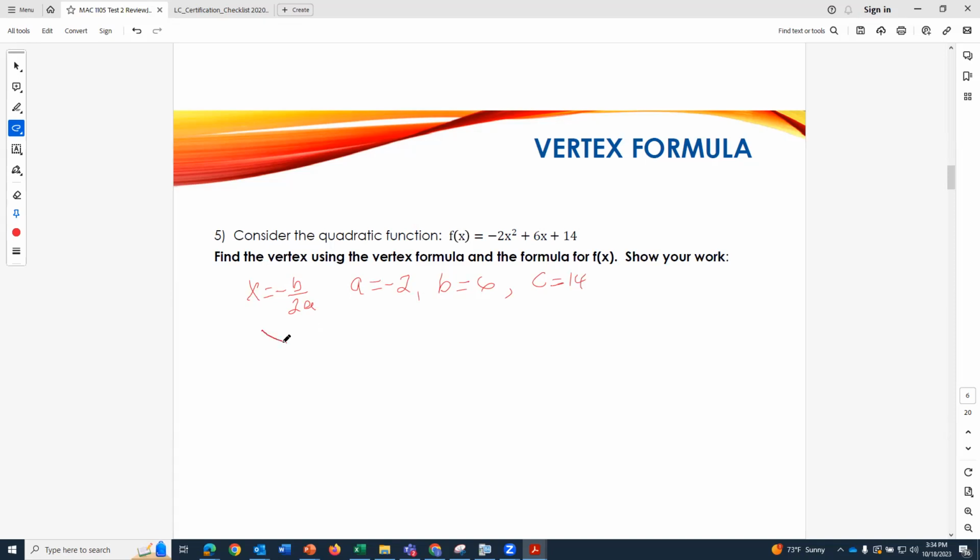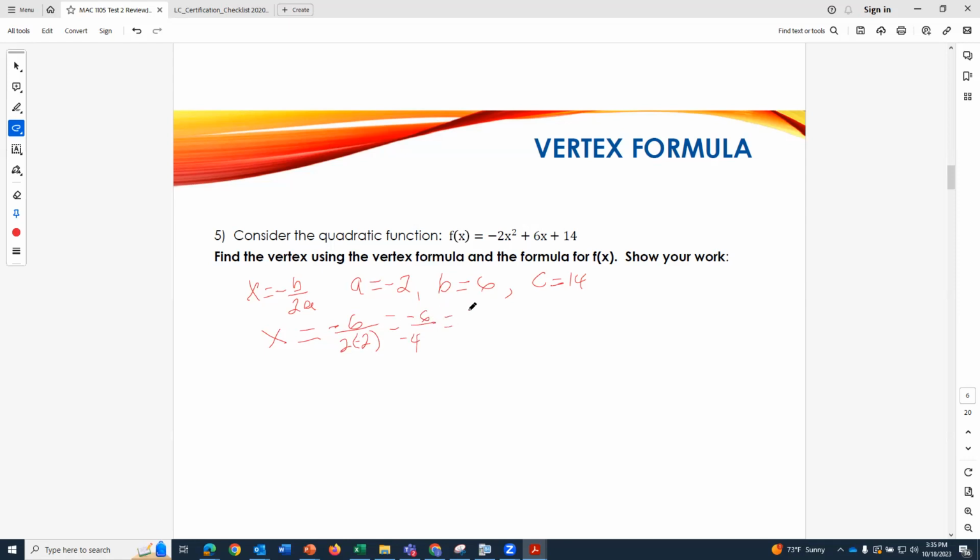And my x will be negative 6 over 2 times negative 2, and that will be negative 6 over negative 4.